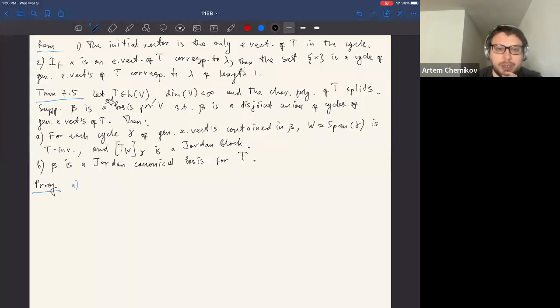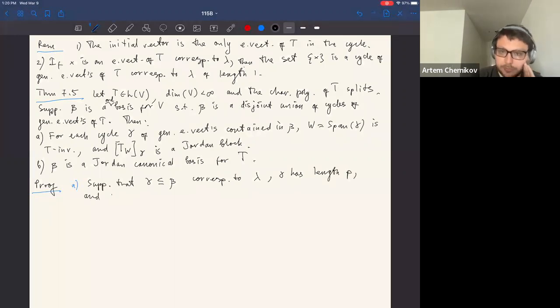So let's first prove A. So suppose that gamma, a subset of beta, is a cycle of generalized eigenvectors corresponding to an eigenvalue lambda. And suppose that this cycle gamma has length p for some p. And suppose that x is the end vector of gamma.